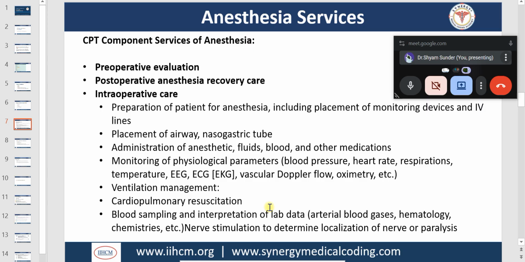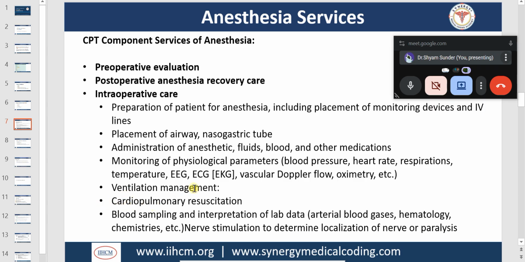So when the patient's respiration or heartbeat stops, that's the time you put artificial respiration. So we have a separate CPT code for the CPR, but anesthesiologists cannot claim separate payment for CPR.